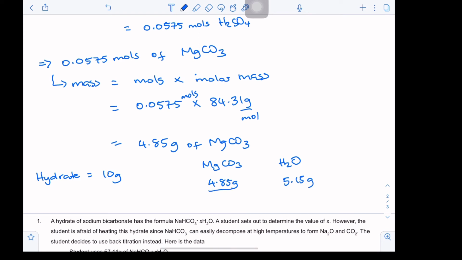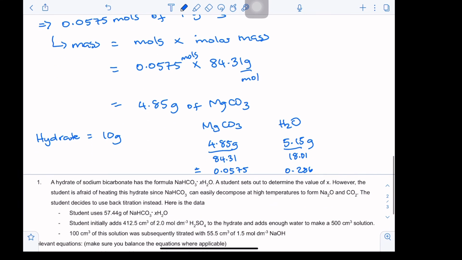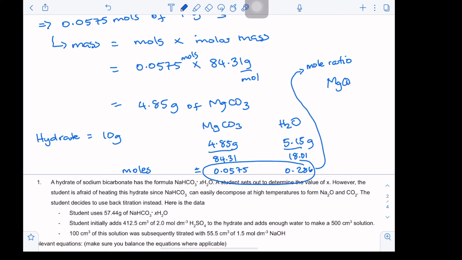So if you convert this to moles by dividing by the molar mass, this one by 18, okay, so these are moles, and if we take this and do the mole ratio, it means that MgCO3 is 1 and H2O is 0.286 divided by 0.0575.